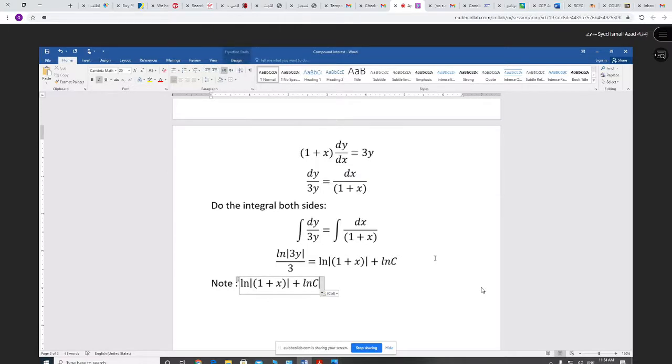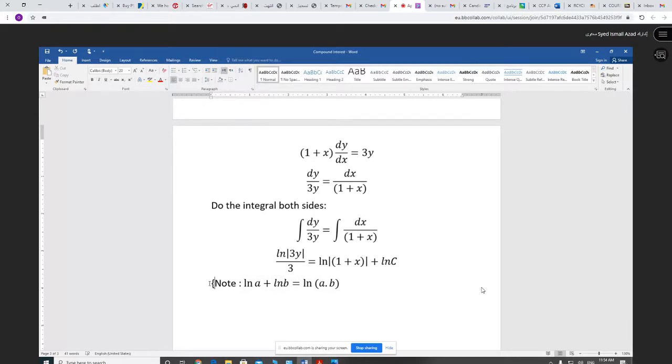Note. If you have something like this, ln A plus ln B, this is equal to ln A times B. So for the rule, try to remember it.